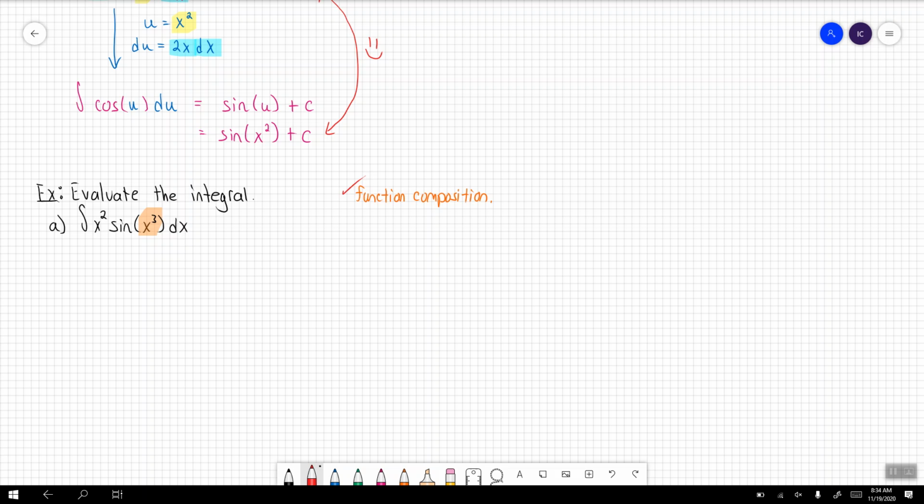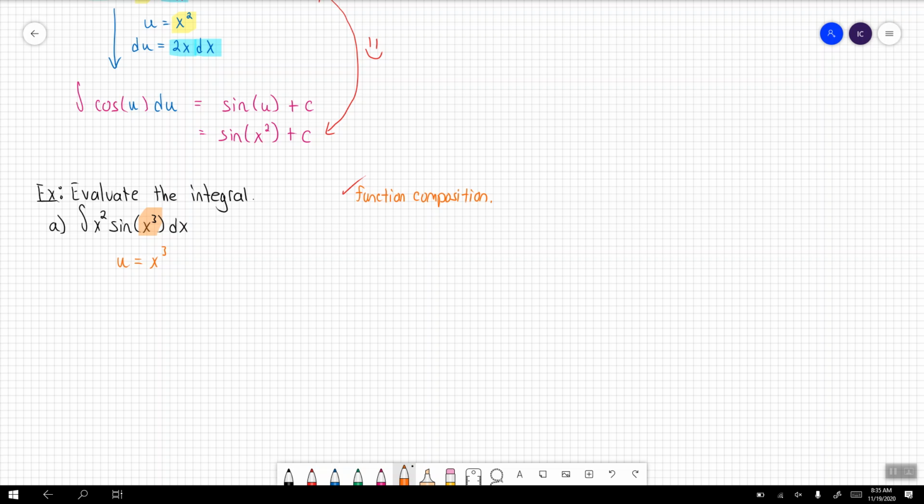Great. So what I'm going to do really quickly is extract that. I'm going to say that u is equal to x cubed. Next, we're going to check: when I take the derivative, du, does that derivative show up in my integrand?